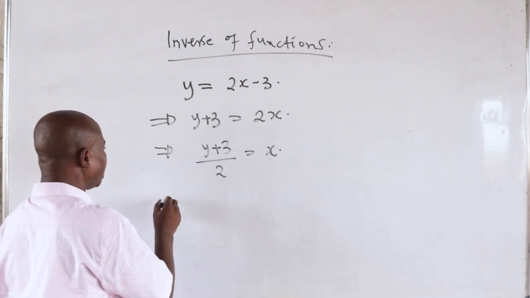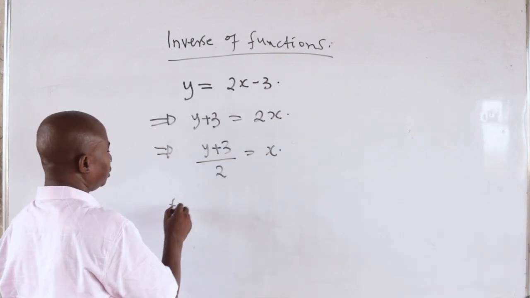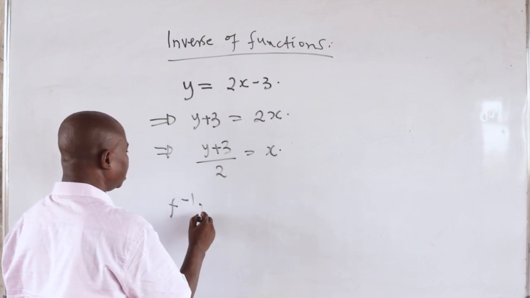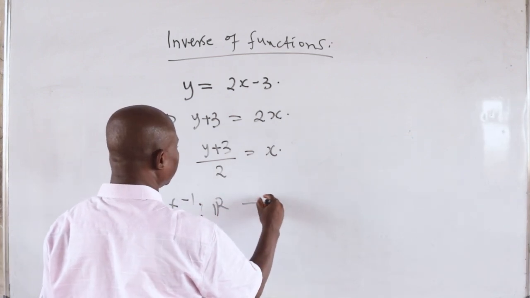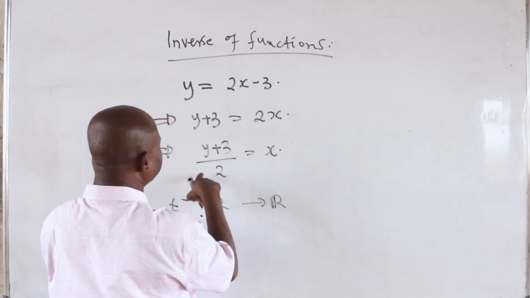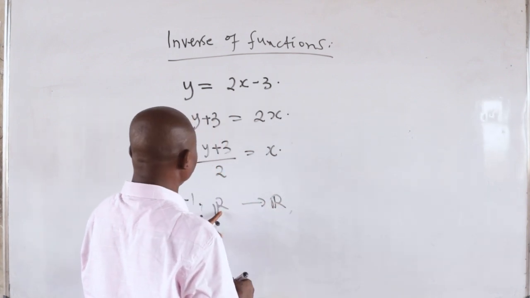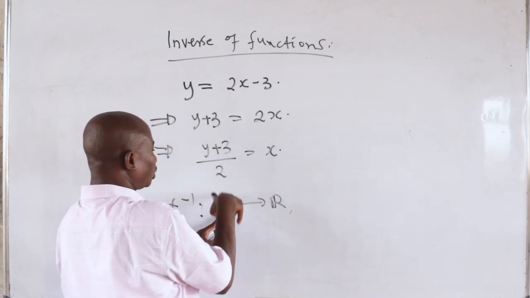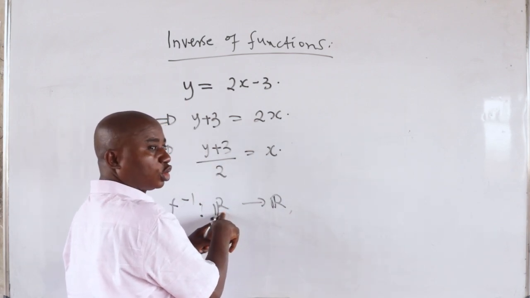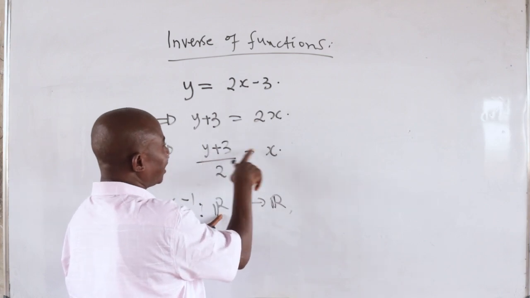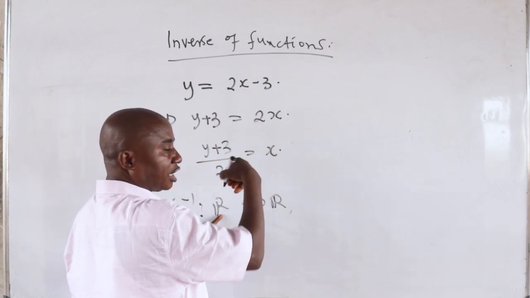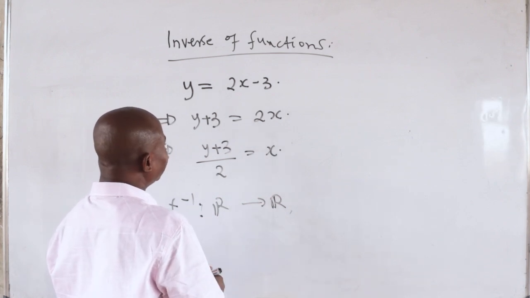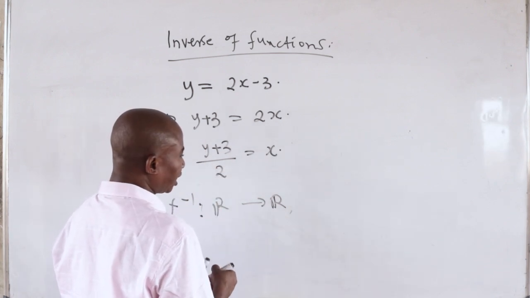With this, we look at f⁻¹ as a function that goes from R into R. For anybody we give in R, let me call it y, I can also still call it x. They're all dummy variables; both y and x represent members of the set R, so we can use them interchangeably without confusion.